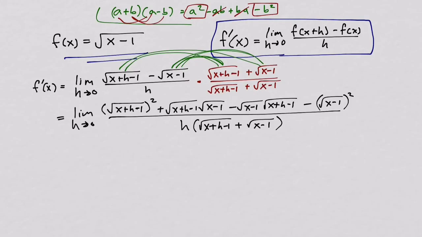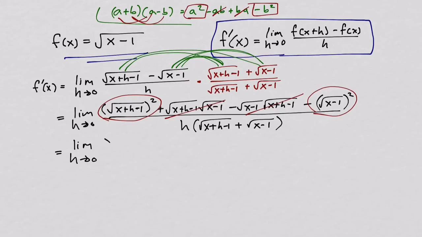But we're going to see in a moment a lot of things cancel. So these two terms are exactly opposite each other, and so they cancel each other out, and the squares cancel out the square roots. And so in the next line I can write a much simpler expression. The limit as h goes to 0, I haven't taken the limit yet.